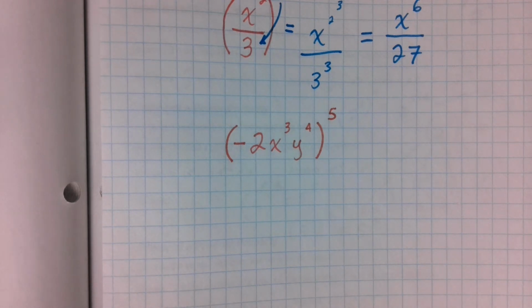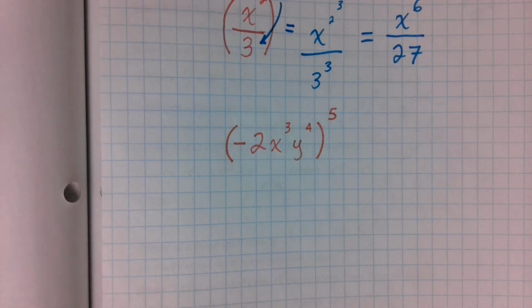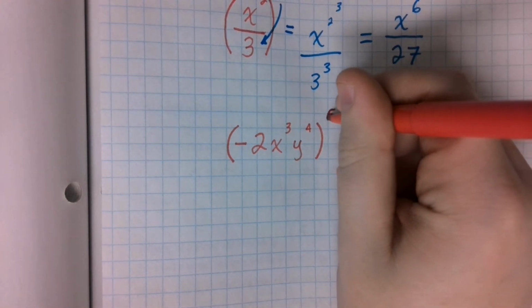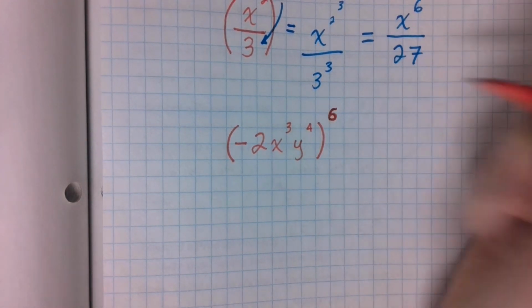Okay, now there's a lot to deal with. Here's what I want you to do. First off, don't put so much emphasis on getting this question correct. Second off, I apologize, everyone. It would be much better to make this into the 6th power. Just a quick fix.